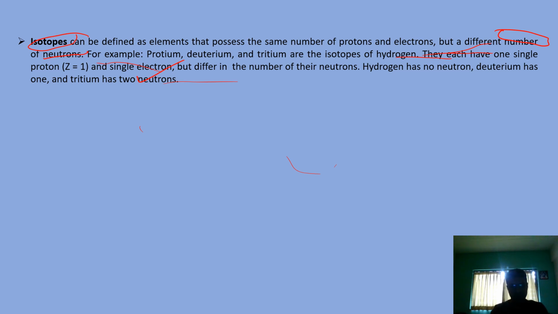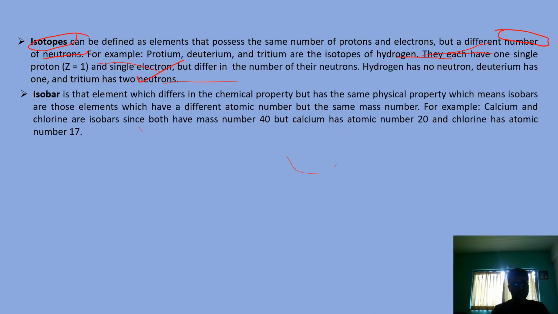Next important term is the isobar. Isobars are those elements which have a different atomic number, so a different number of protons or electrons, but the same mass number.